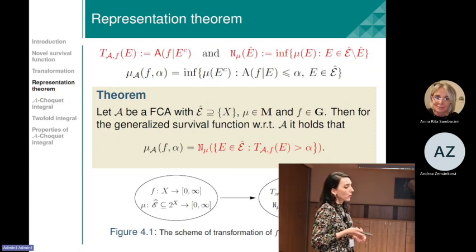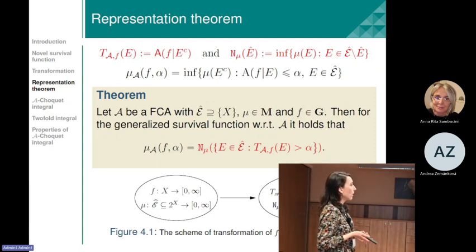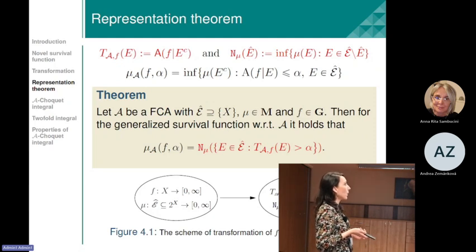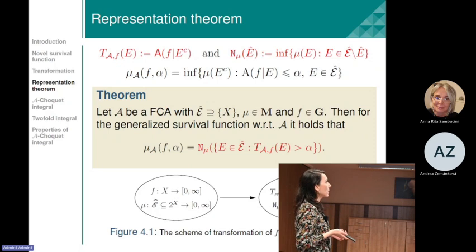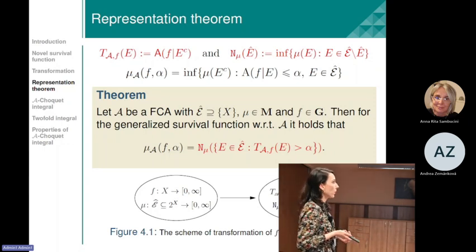We used it to rewrite the original formula of the generalized survival function, but except for the monotone set function NME, we need a transformed set function T, which is defined by means of the conditional aggregation operator.